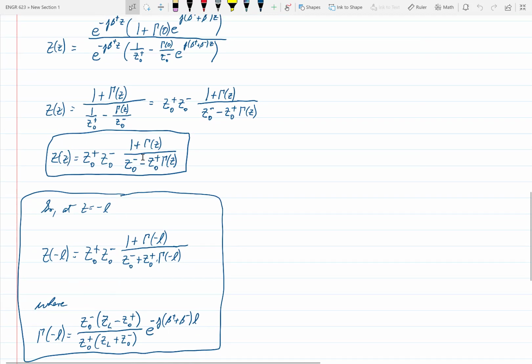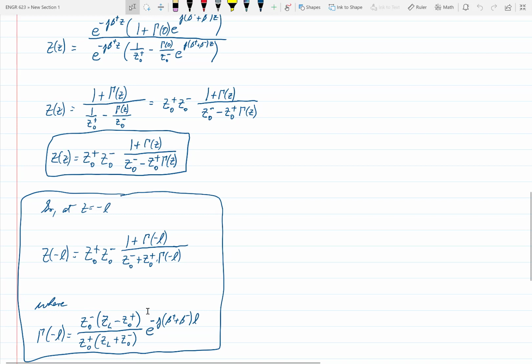And notice that this would get quite complicated. There would be quite a bit of work to do if we went ahead and substituted for gamma of Z, but what I decided to do was just to leave it as this. So when we evaluate these expressions for Z of Z and gamma of Z at negative L, we get Z of negative L, which is one of the things requested for this problem, is Z0 plus Z0 minus times 1 plus gamma of negative L over Z0 minus plus Z0 plus times gamma of negative L, where gamma of negative L is equal to this expression right here.